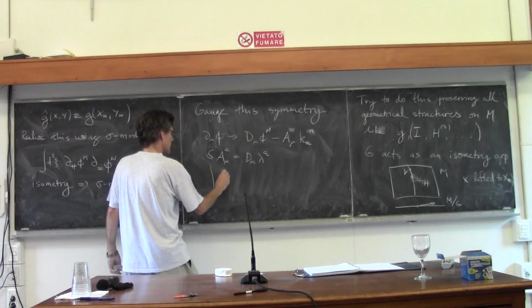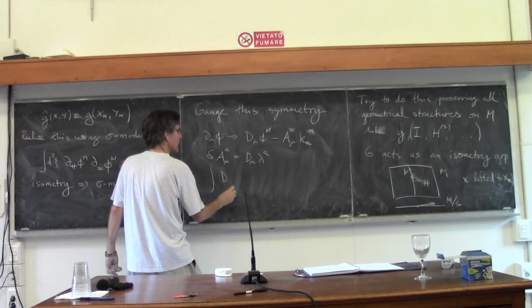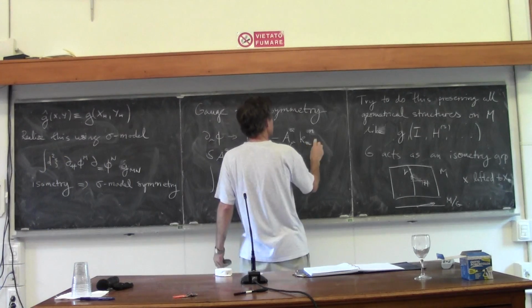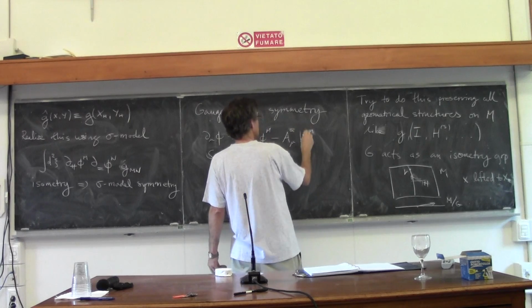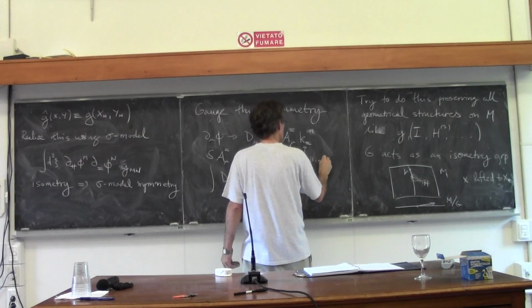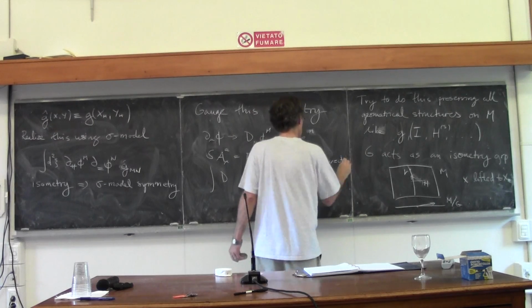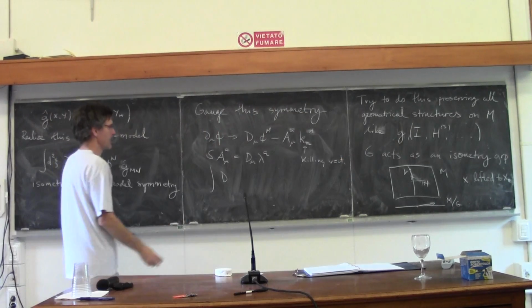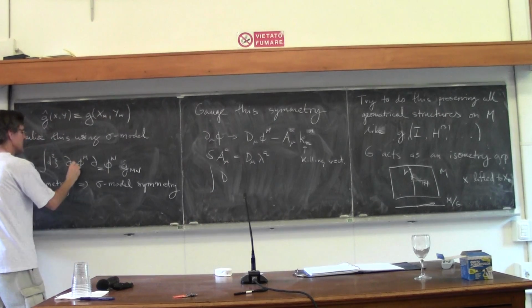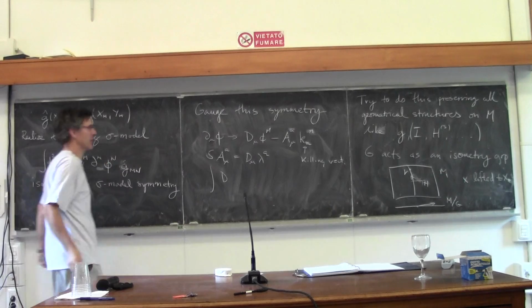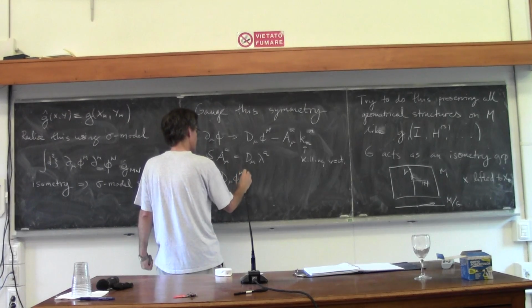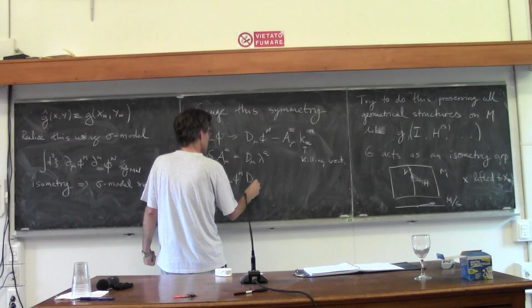And K_a is the Killing vector. So let's put the indices back in arbitrary coordinates. So the model looks like this now.